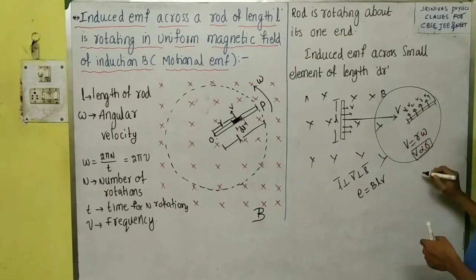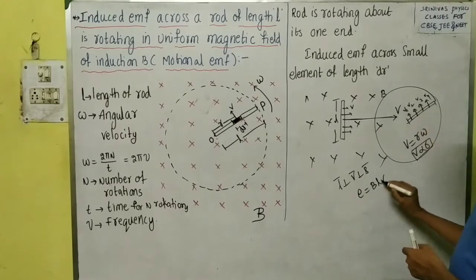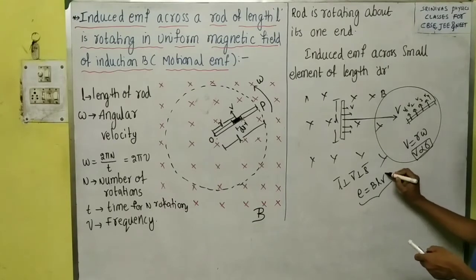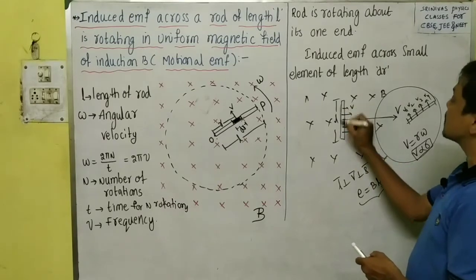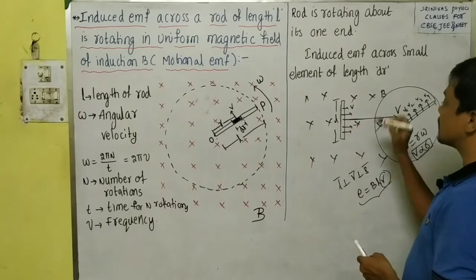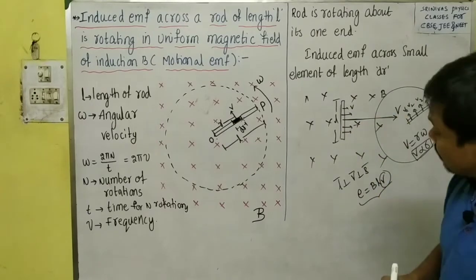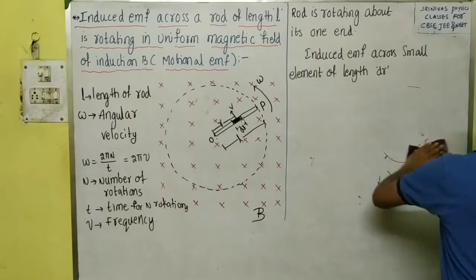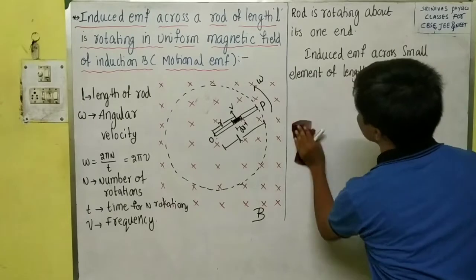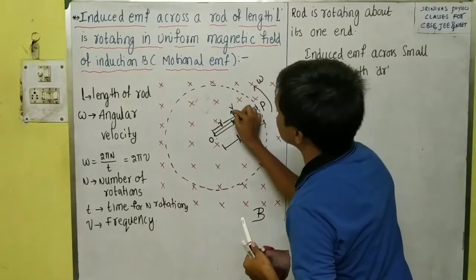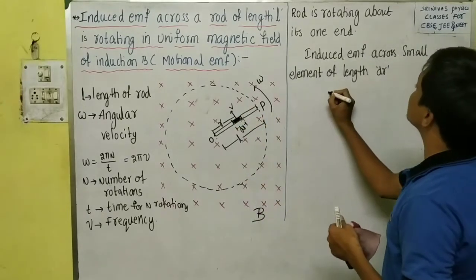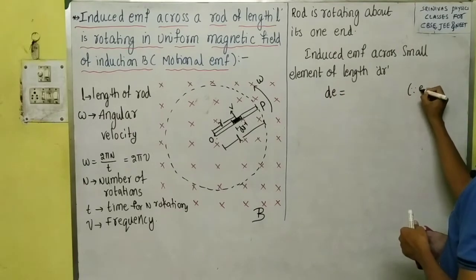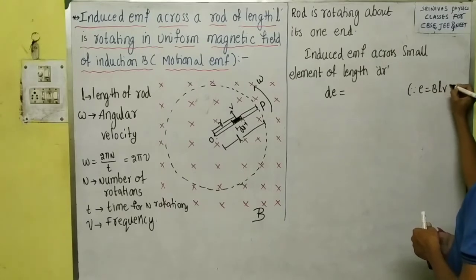That's why we cannot use the direct formula BLV for induced EMF here, because v is not constant. If it goes in a straight line, then we can take the induced EMF as BLV. But in this case, first we have to take a small element on the rod. For that small element, the velocity is almost constant. Then we can use BLV for the induced EMF across the small element.